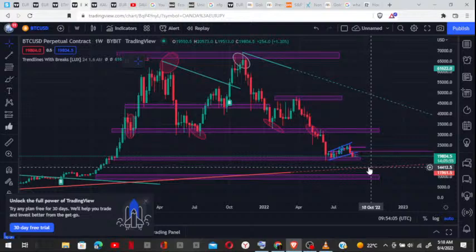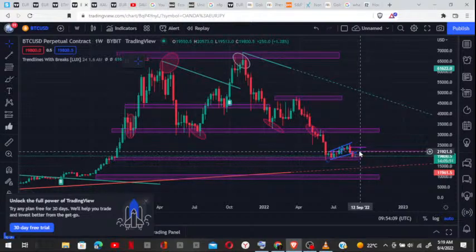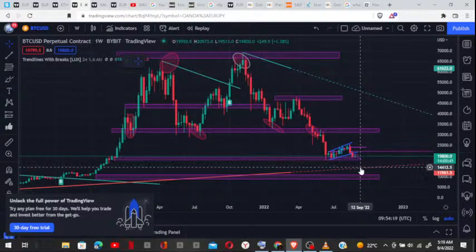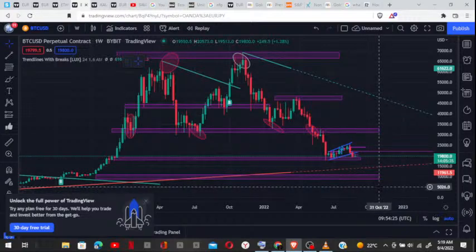So this is what we were talking about. These are some of the zones that people are watching out for, just in case BTC keeps on dropping. If it keeps dropping maybe this week or next week, then it might drop to these zones or these levels over here, or even further. If it breaks out, it might come to this level over here.